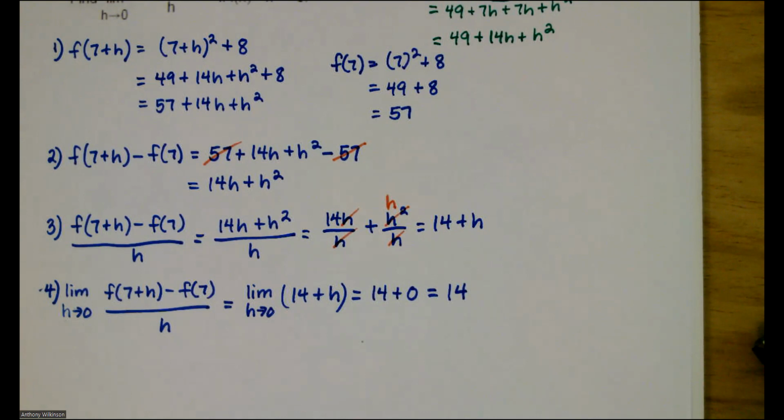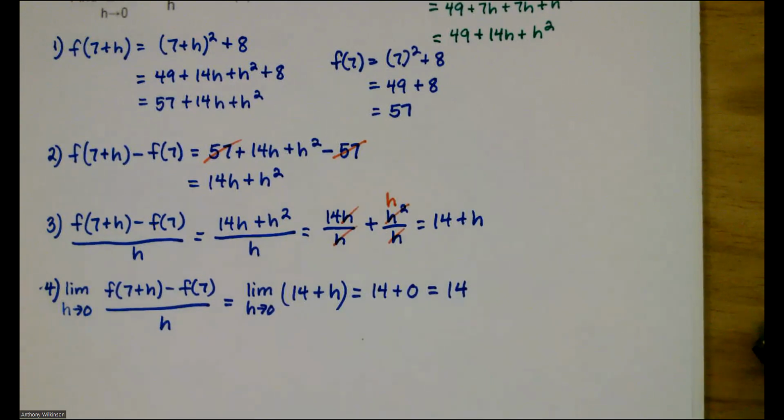So the limit as h approaches 0 of f of the quantity 7 plus h minus f of 7, divided by h, if your function f of x was x squared plus h, would end up being 14.